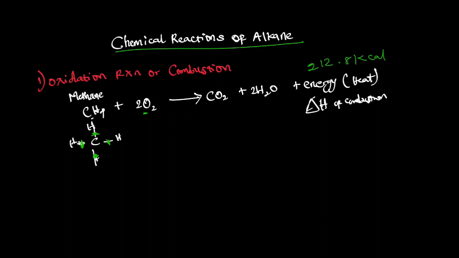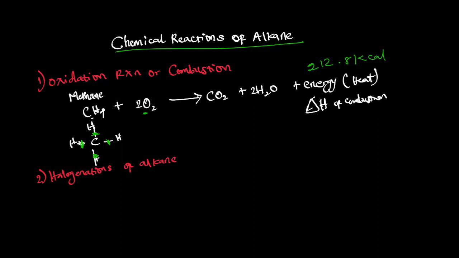Now let's talk about halogenation, the second part of it. The second type of chemical reaction undergone by alkanes is halogenation of alkanes.